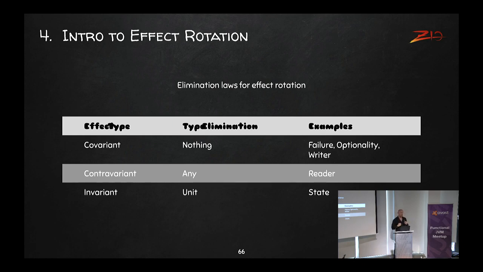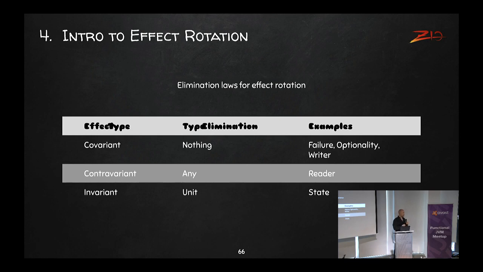And then finally, for an invariant effect, like state, for example, you have to give it the old state, and then you get out the new state. So for state, you have to feed it an S, and you get an S out. So it's not covariant or contravariant. It's not covariant because you have to put something in.